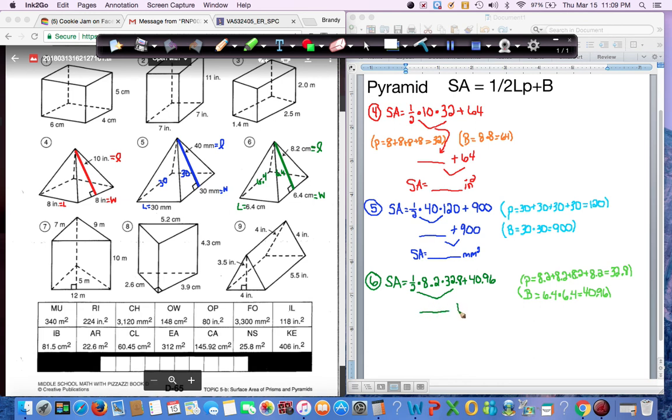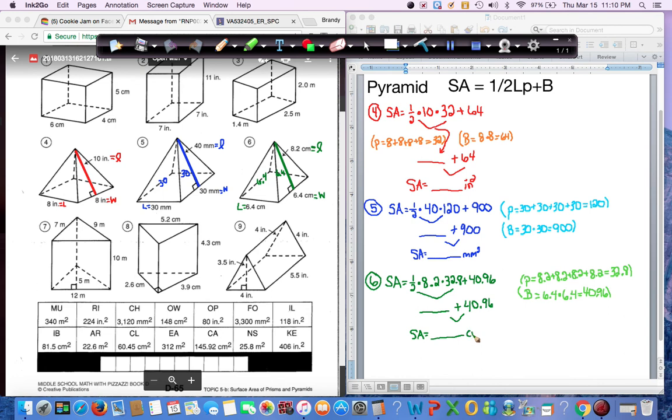Write that down. Then we're going to add that answer to our 40.96, and once we hit equals here, we will have our final answer. And you guys have successfully, hopefully, made it through 3 surface area problems with pyramids, which is not too shabby.